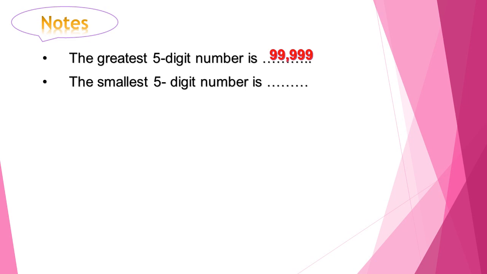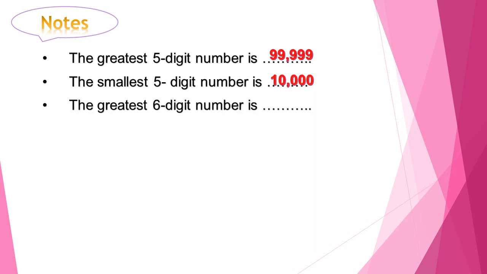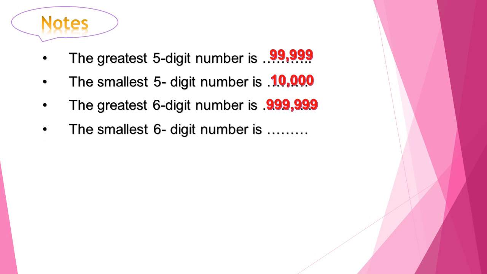We studied also the smallest 4-digit number and the smallest 3-digit number. Then the smallest 5-digit number is 10,000. The greatest 6-digit number, 999,999. Let's read it. 999,999. The smallest 6-digit number is 100,000.